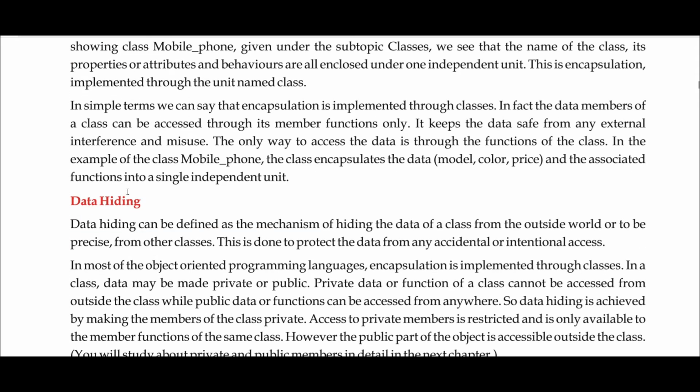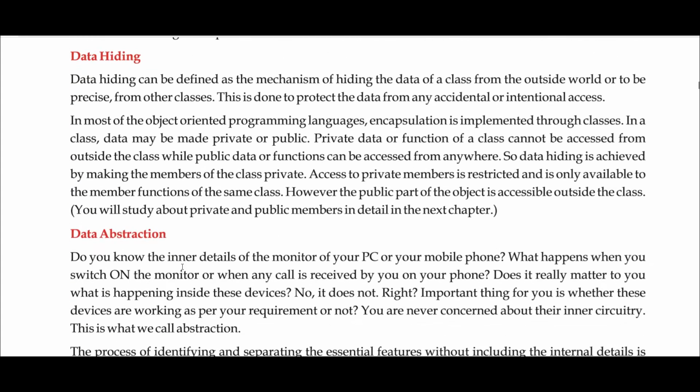Suppose you have defined the class, the data members, and the functions, but each of these data members and functions has a certain scope, that is, whether it is accessible within the class or whether it can be accessed by other classes also. For that you have to assign certain keywords defining the scope of that particular data member or function. Here we use the private or public keywords to define the scope of particular data members.